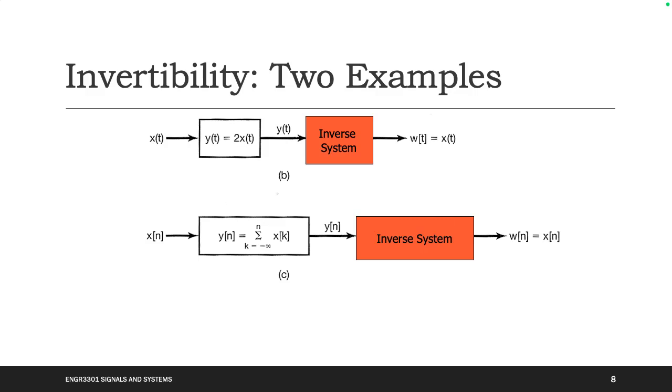This is y[n] equal to the sum of x. Then we try to get the opposite of this one, and then we can get x.